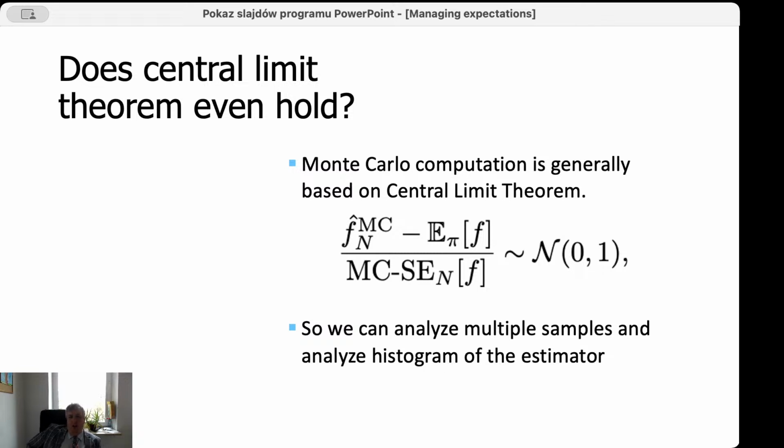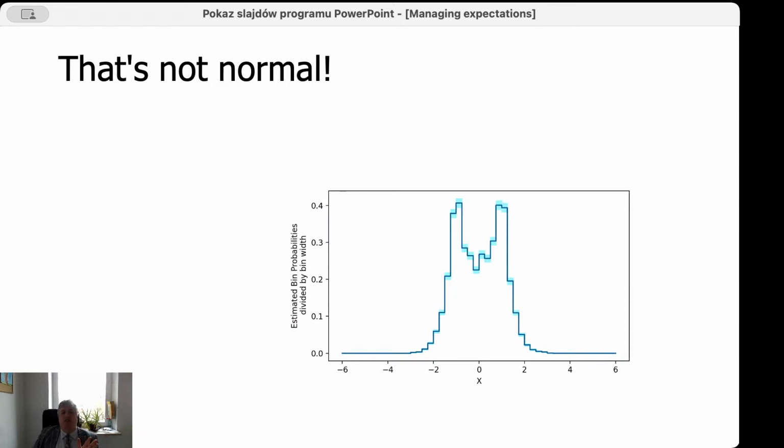So if we generate multiple samples and analyze the histogram of the actual estimator, we can see that this is not normal. And it's not normal because the mean does not exist, so it cannot be estimated. It just looks like this.